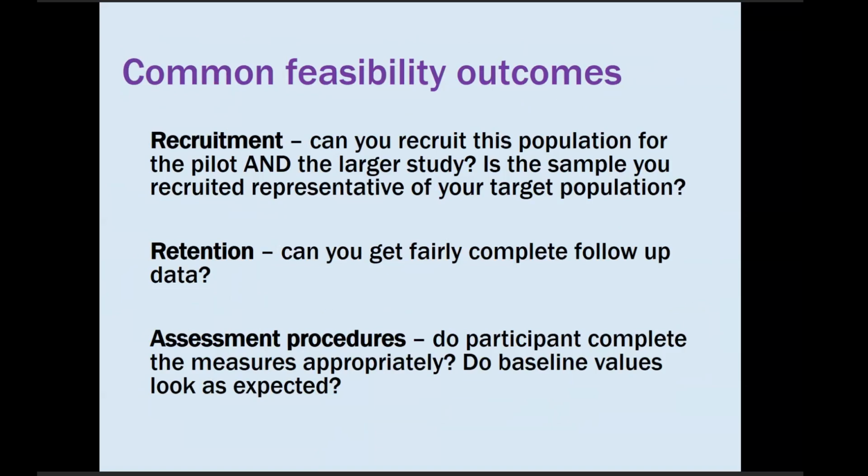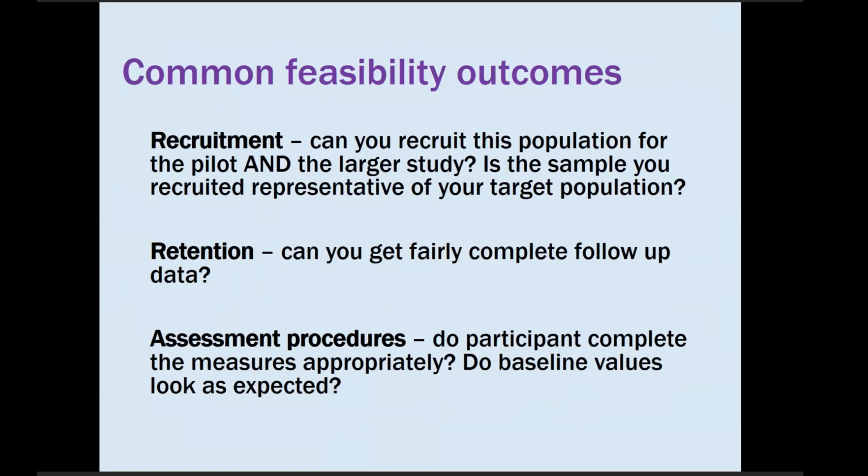We noticed that after we did that webinar, we had far greater retention rates because people understood why it was so important to us that they attend follow-up. Even if they dropped out of the intervention, we were seeing high rates of retention because they figured, oh, this is important, I want to make sure they have their complete data.